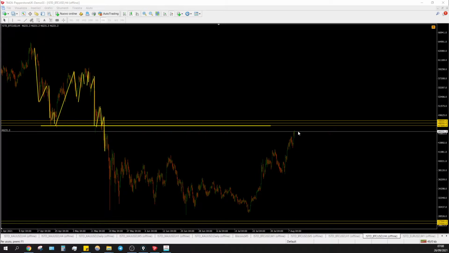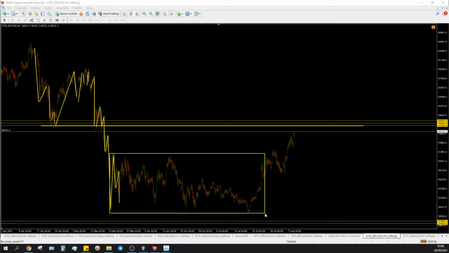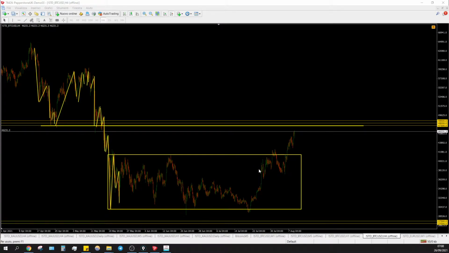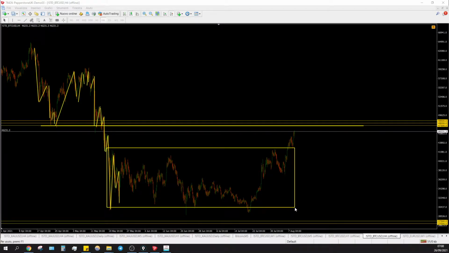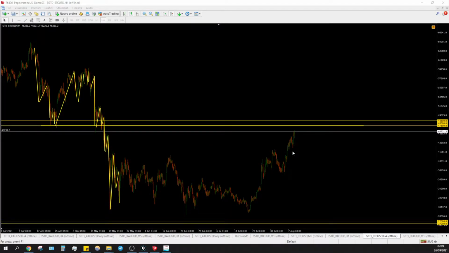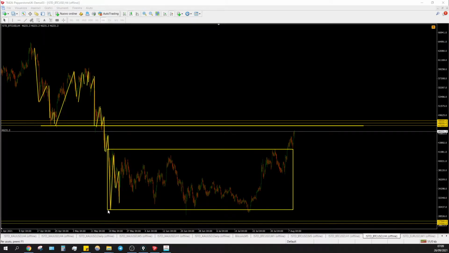We have this big PSA on the high time frame, and then we have this other block around, above 30k, which was just recently broken on the upside with a nice break and retest of this PSA and these other block highs, as you can see on the 4-hour time frame.